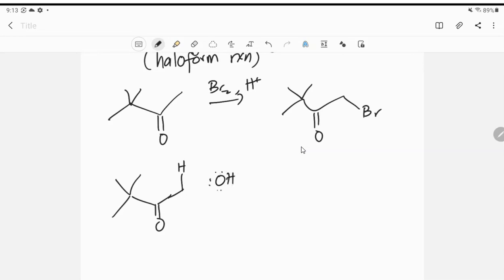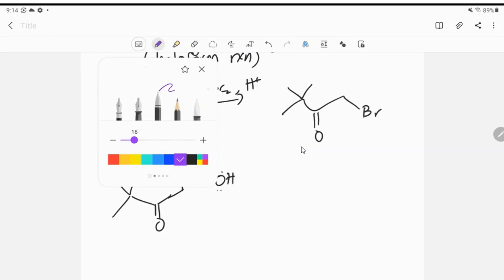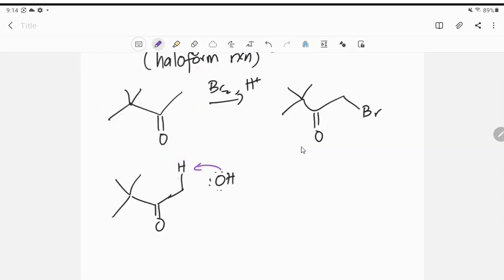So we're going to do the same reaction with NaOH instead of H+. Okay, and so we're going to see here that it's going to follow a pretty standard enolate type process. We will end up deprotonating, forming our enolate. Of course, equilibrium. All right, so we have our enolate species now, and it's going to come down and attack the bromine.